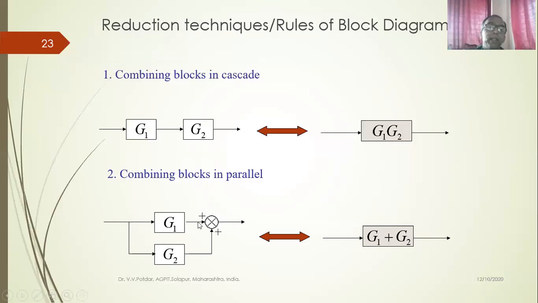I have one forward path going to a summing point, and one more forward path joining at the summing point. So the equivalent block diagram is G1 plus G2 in a single block. This is rule number 2.